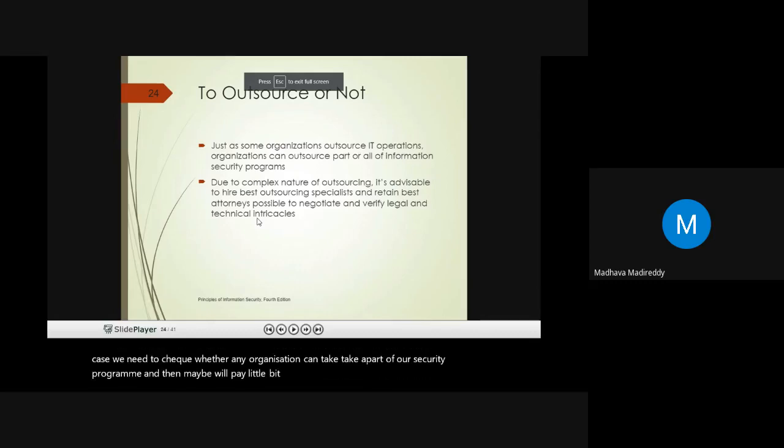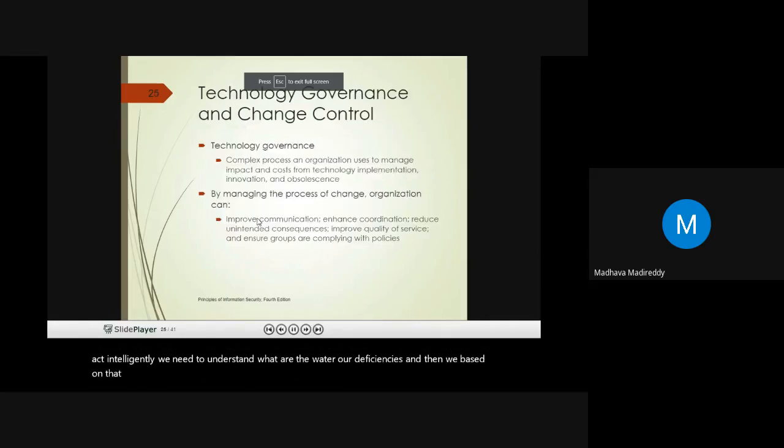Due to the complex nature of outsourcing, it is usually advised to hire the best outsourcing specialists and retain the best attorneys possible to negotiate. Basically we need to act very smart and intelligently. We need to understand what our deficiencies are, and based on that, we can outsource the work.